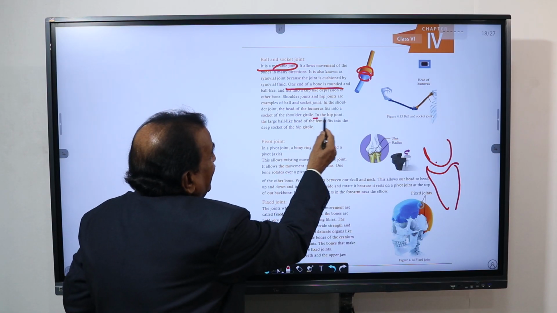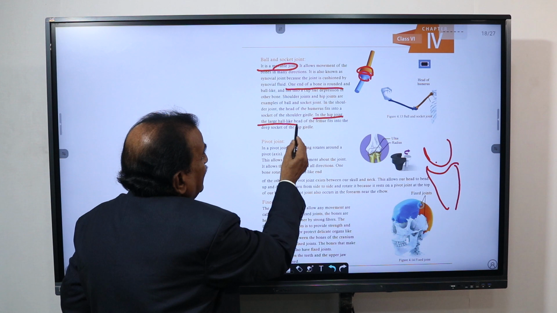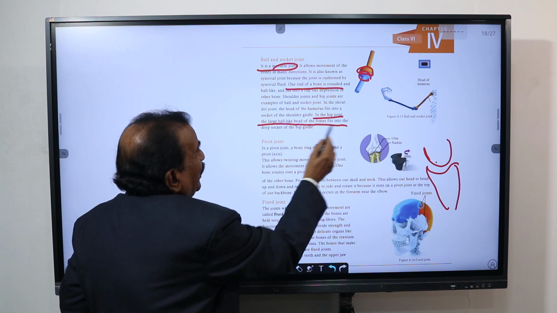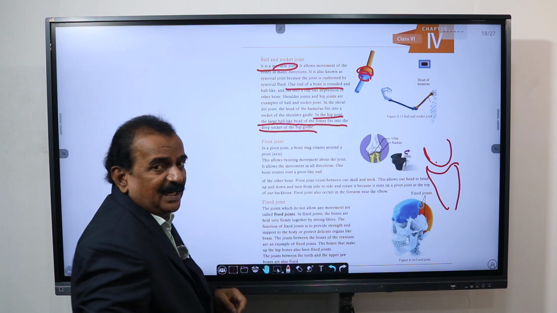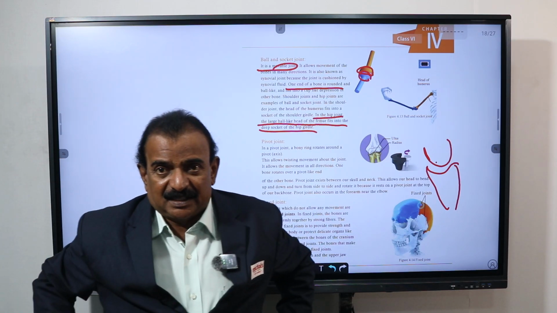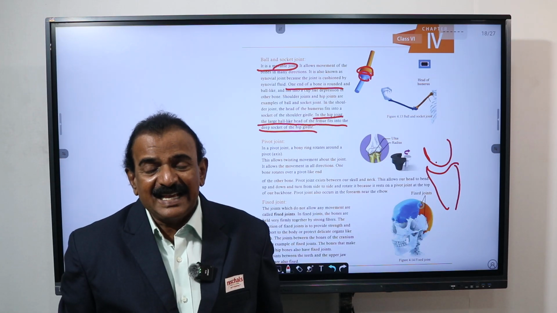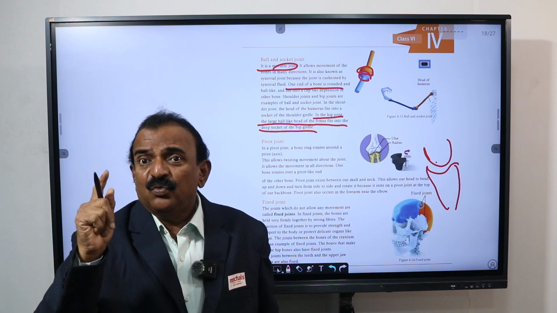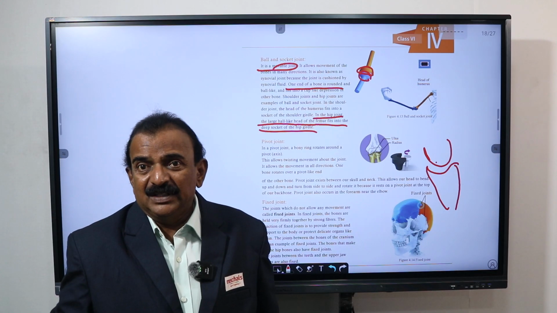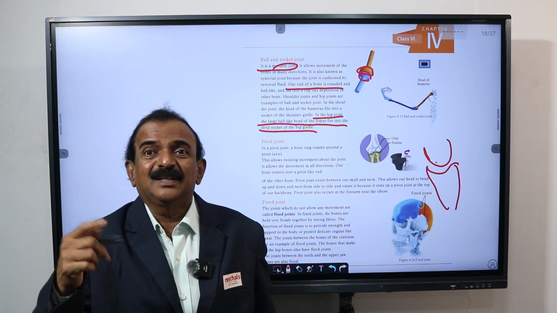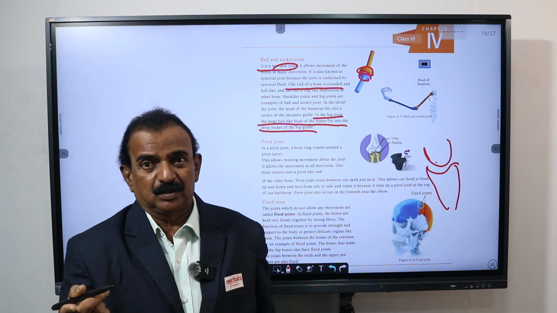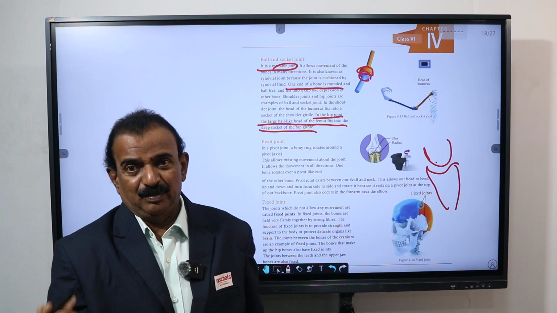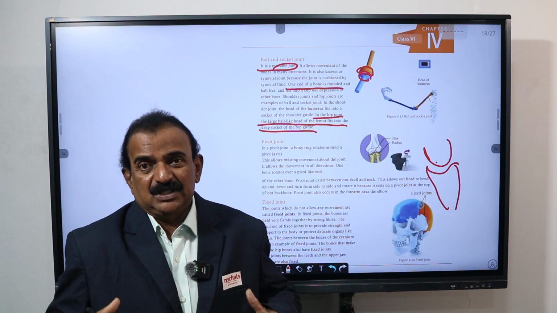In the hip joint, the large ball-like head of the femur fits into the deep socket of the hip girdle. So here we have the hip girdle, and our leg is made up of a long bone that is called the femur. Below the knee region we can see two bones, tibia and also fibula, and the two bones are joined.